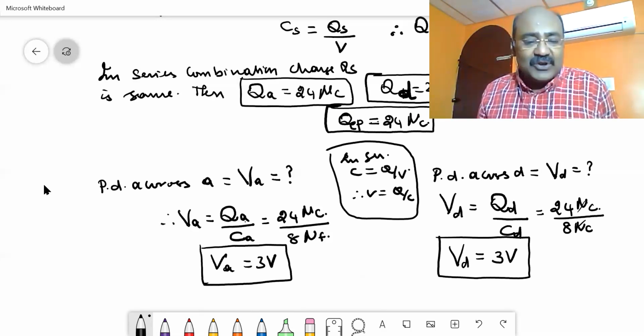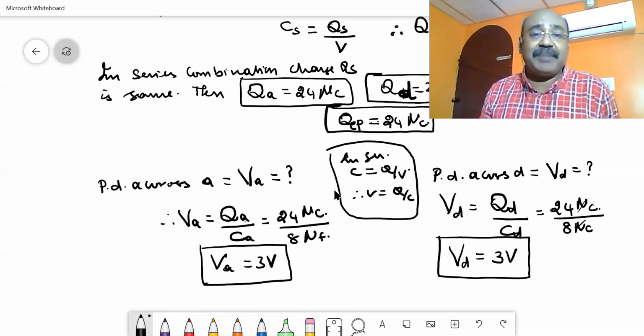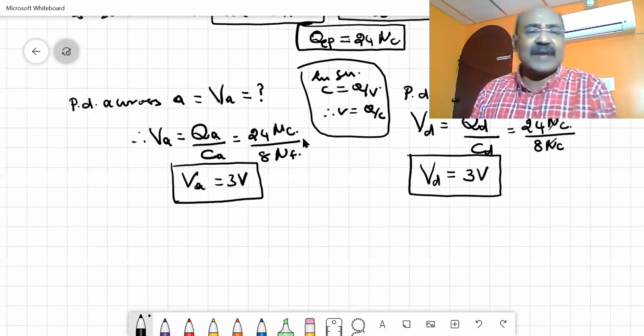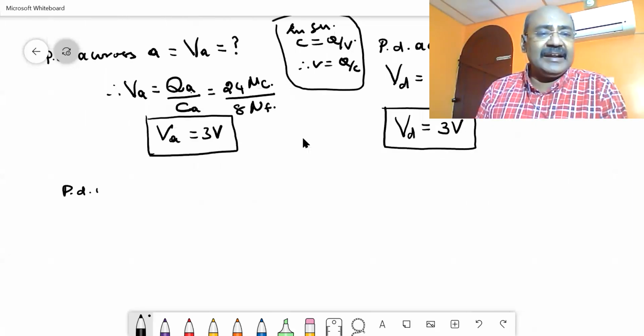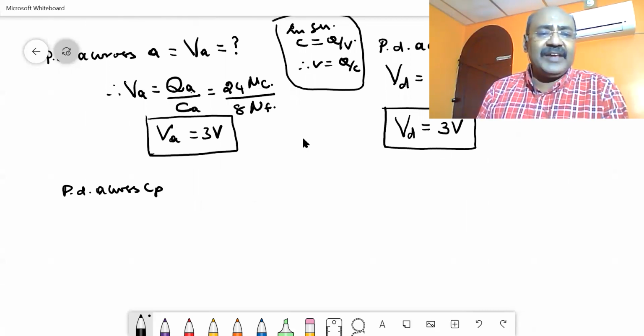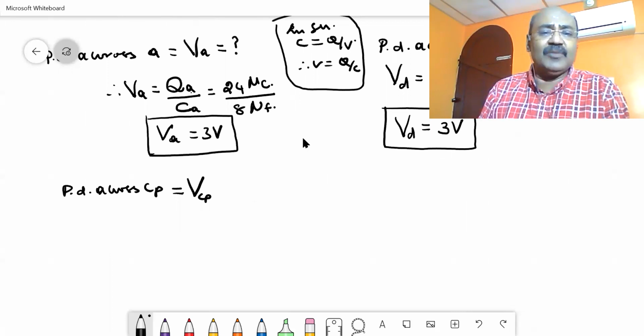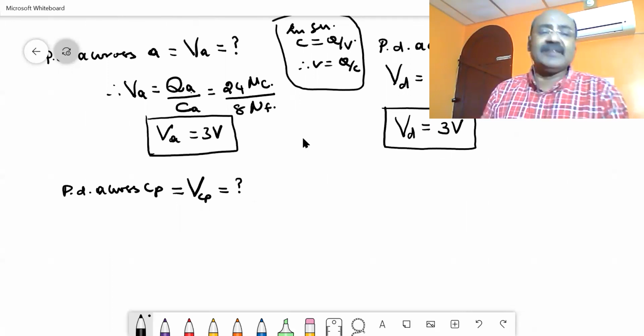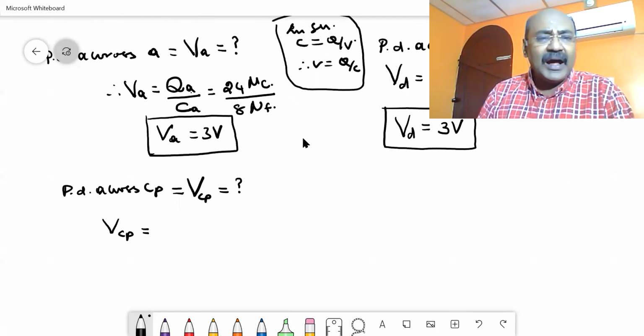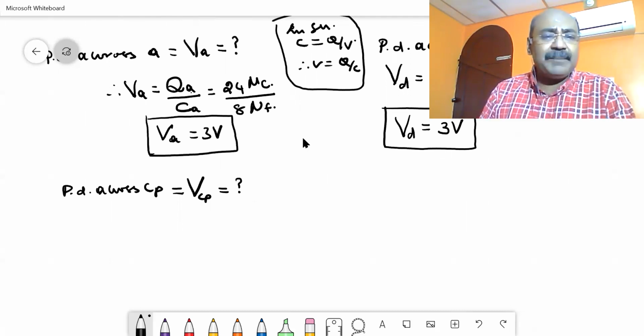Now we have to go forward. We have to go for the potential difference across CP. So go with the same formula. Let us write VCP is equal to charge QCP divided by CP.